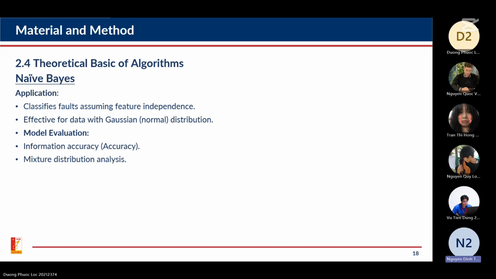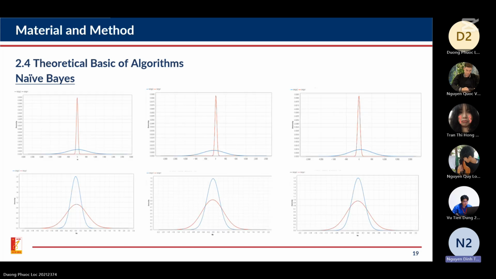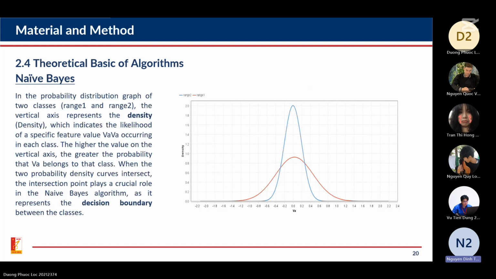Here is the graph about the voltage and current. At the top, we have the voltage graph, and in the bottom, we have the current graph. In the probability distribution graph of two classes, range 1 and range 2, range 1 is red and range 2 is blue.